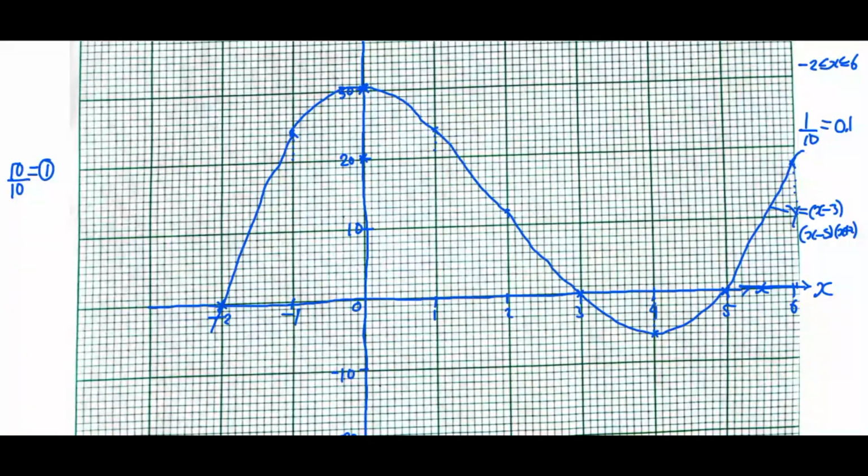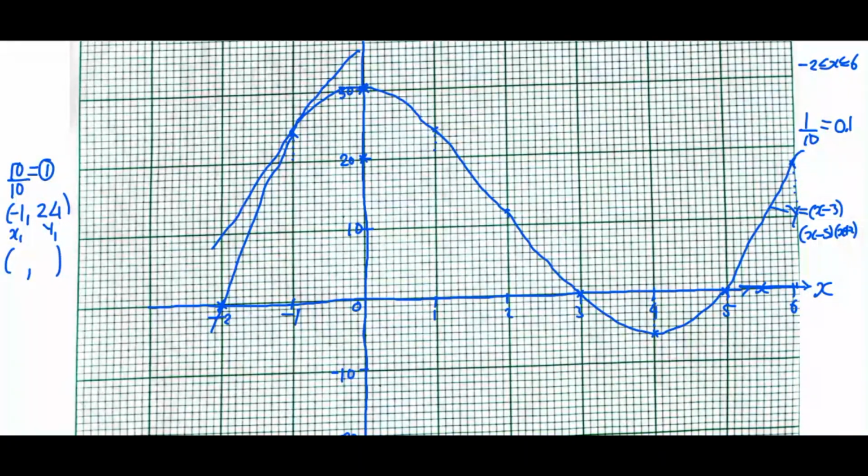So you can draw a straight line, which is a tangent that will pass through that point here. Now remember, we'll consider -1, 24 as our x1, y1. For us to use the formula, we need to find the x2 and the y2.